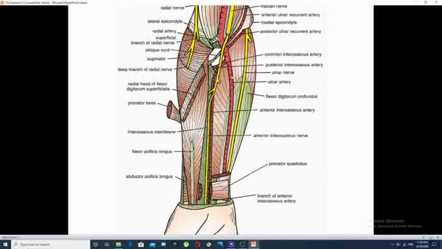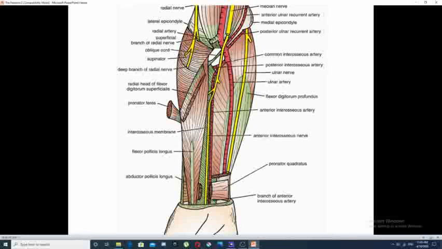This diagram shows the brachial artery in the cubital fossa, and its division into two terminal branches. This is the ulnar artery, and this is the radial artery.